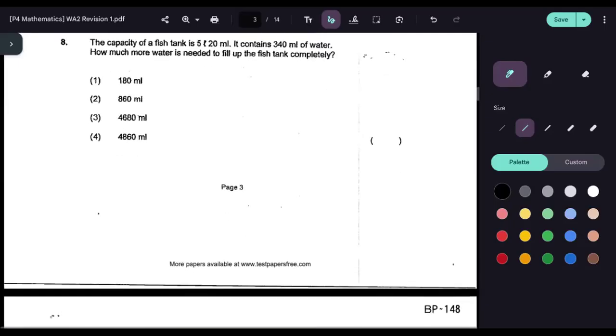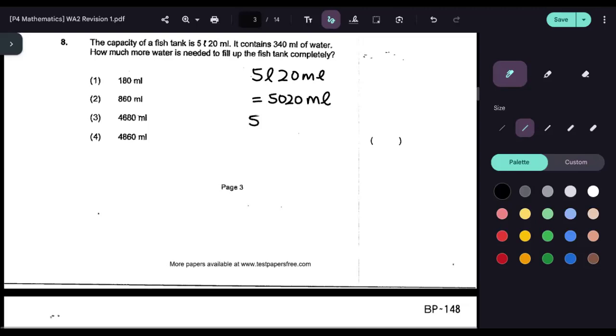Okay, next one. The capacity of a fish tank is 5 liters 20 milliliters. It contains 340 milliliters of water. How much more water is needed to fill up the fish tank completely? Now for this one, 5 liters 20 milliliters is good if you can change it to milliliters only. Okay, 5 liters is 5000 ml plus 20, so it will be 5020. Okay, and it contains 340 milliliters of water.